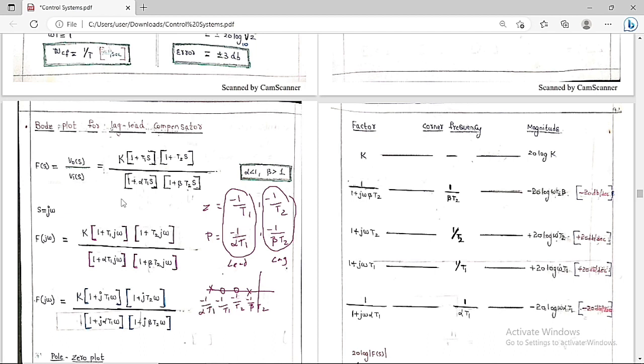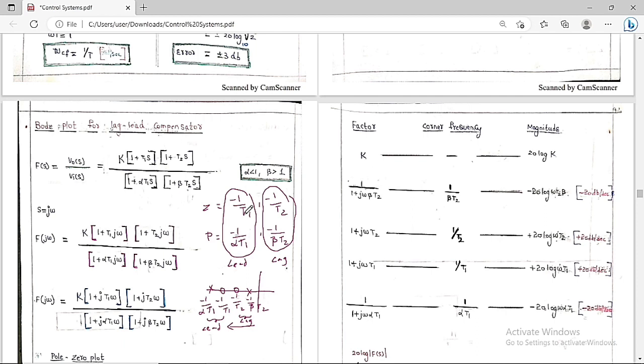This is the picture. Going from here, this is a lag compensator and this is a lead compensator. That is the reason it is called a lag lead compensator, because first you see the lag compensator and then the lead compensator.